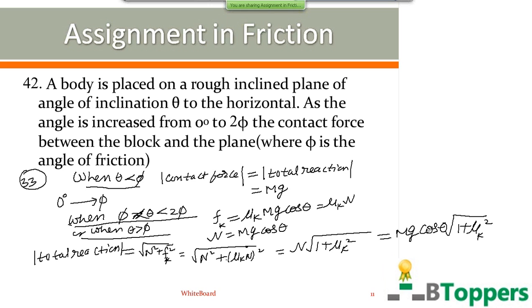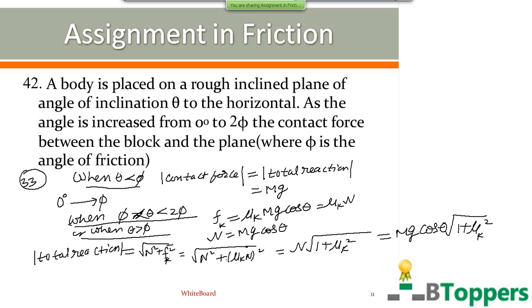As theta is increased, the value of cos theta decreases, so the magnitude of total reaction of the block by the inclined plane decreases. That means as the angle of inclination increases gradually from 0, the magnitude of the contact force first remains constant until theta reaches the value phi, then it decreases.